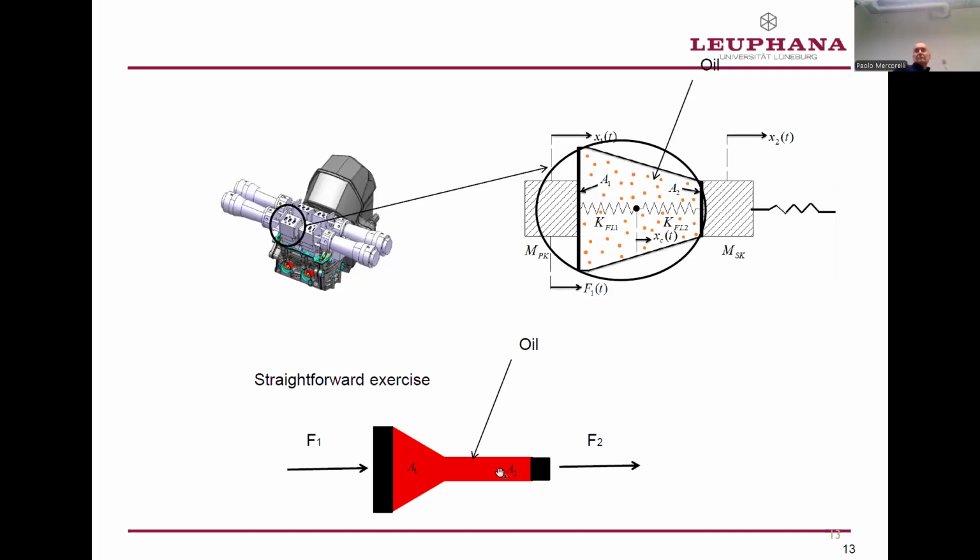Reconsidering the last slide, or one of the last slides, which we considered before. Again, we can see here in a nice picture a motor, basically.